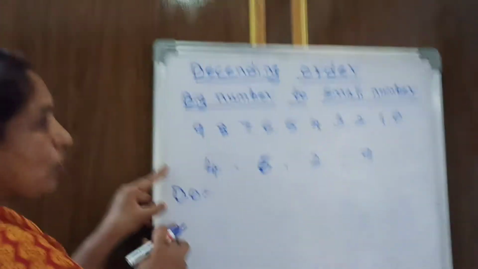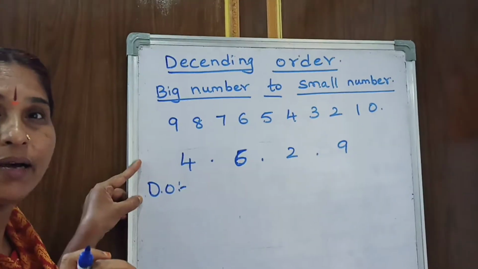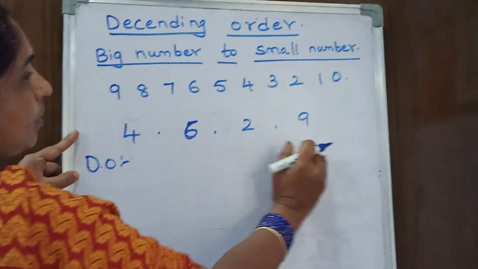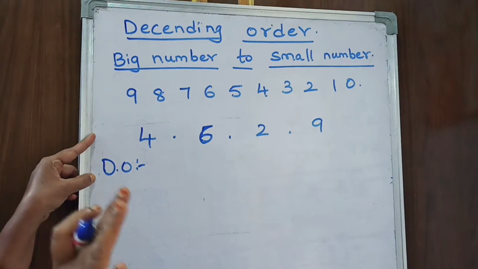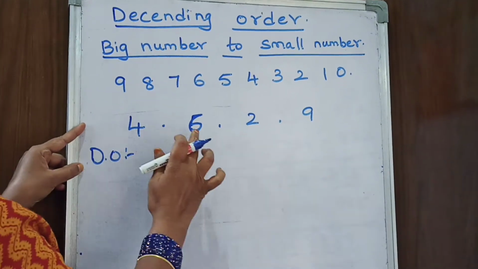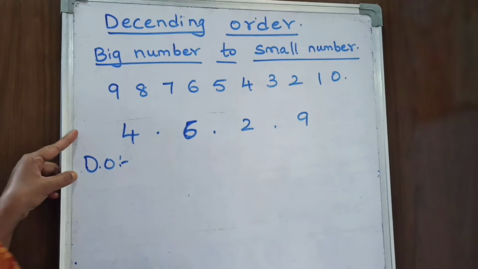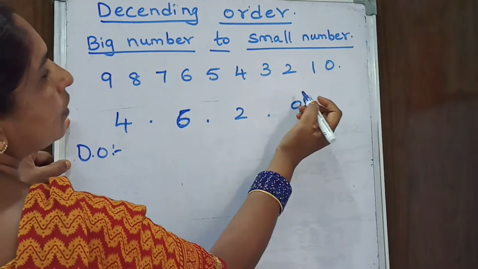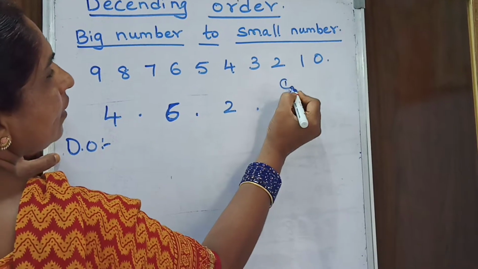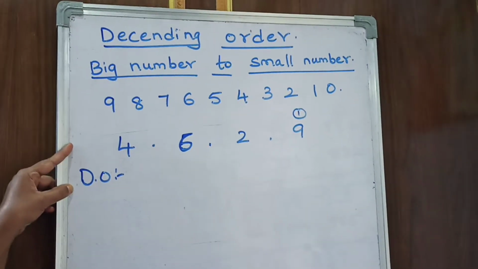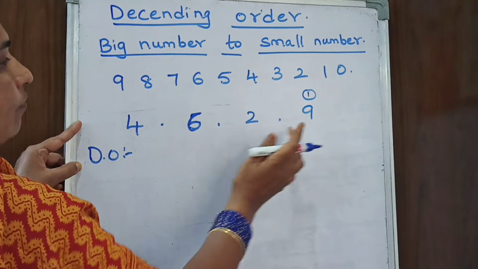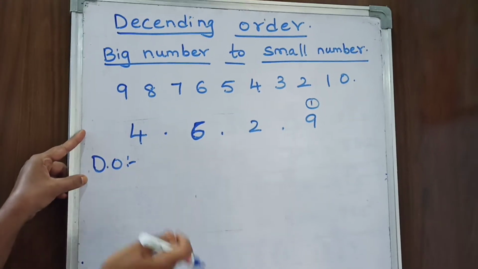So now in descending order you have to see the big number. Out of all these numbers, which is the big number you have to see. Here 4, 6, 2, 9. Which is the big number? 9. 9 is the big number. So in the same way you circle here 1 above 9. And after 9, which is the next big number? See here.